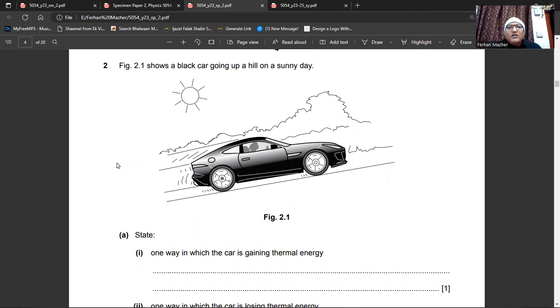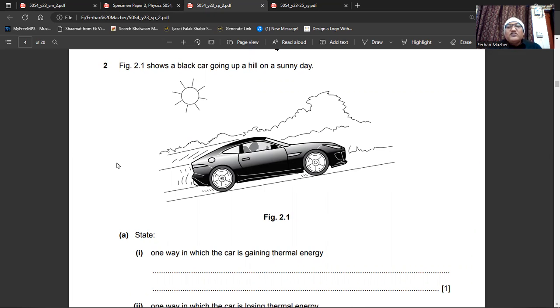So there are many ways. The car is of the black color. So the black color is a very good absorber of infrared radiation. So it will be absorbing heat from the sun. Another way is the fuel in the engine of the car. The fuel is burning.